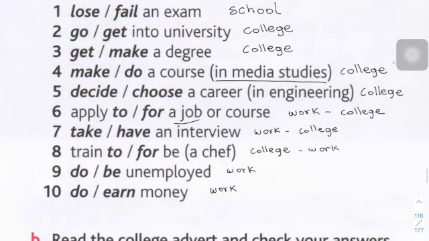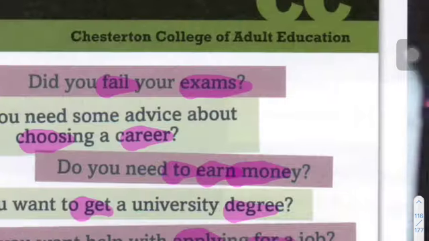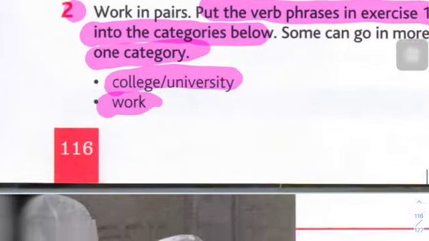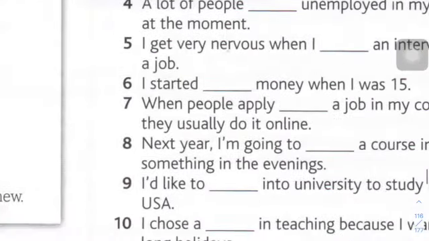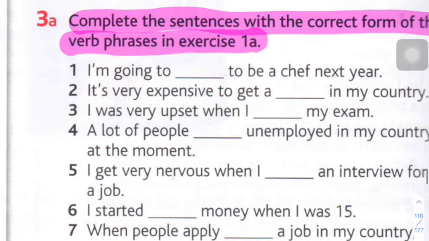So I'm going to do a course, probably. It must be this one, right? I'm going to do a course to be a chef next year.